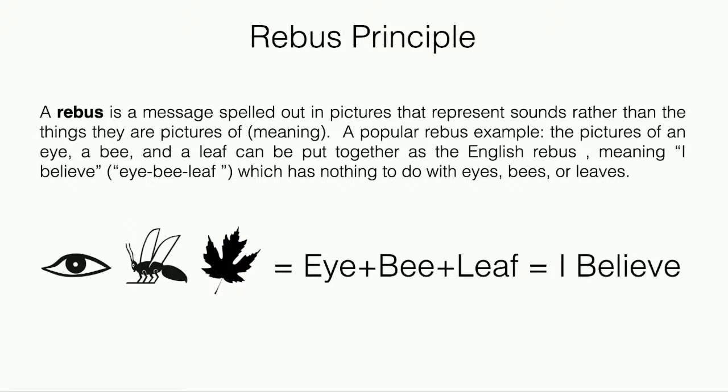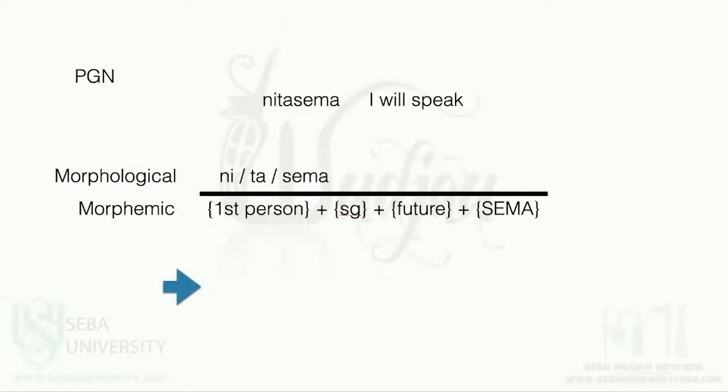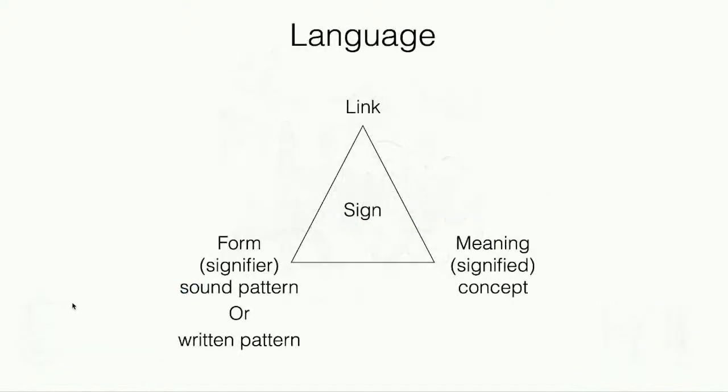So just real quickly, when it comes to language, what we're calling words is really a composite of three things.